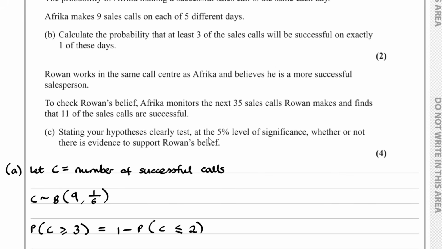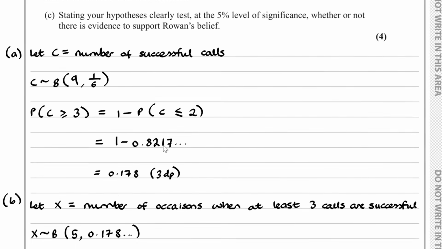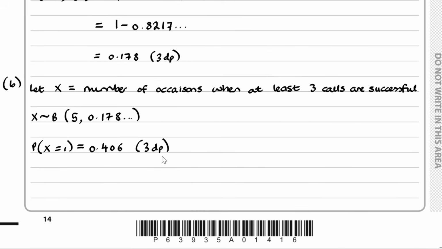Stating your hypotheses clearly, test at the 5% level of significance whether or not there is evidence to support Rowan's belief. So for this hypothesis test, we first of all state our null hypothesis. Our null hypothesis, H0, is when the probability is equal to 1/6. Our alternative hypothesis, H1, is when the probability is greater than 1/6.